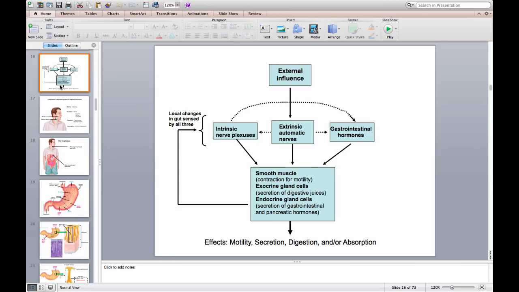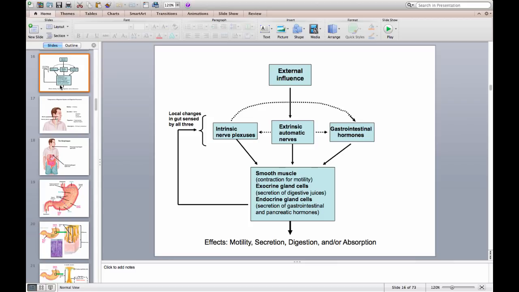So the enteric nervous system is a hardwired control. Right? So we have sensors that can sense things like the presence of fat, right? The presence of distension. And then we have nerves within the enteric nervous system that can affect smooth muscle, exocrine cells, and endocrine cells based on what they're sensing.